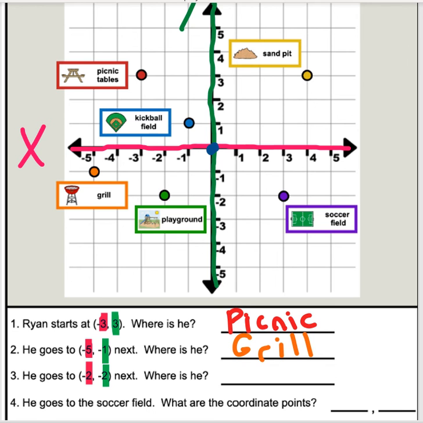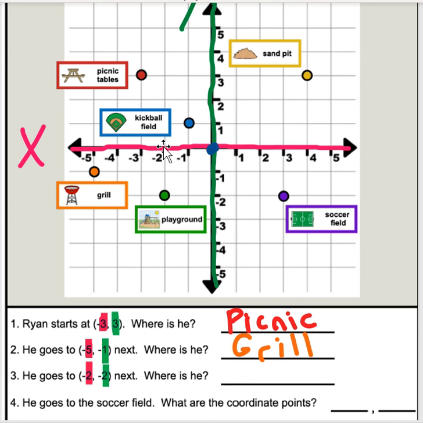Let's look at number 3. He goes to -2, -2 next. Where is he? So let's start in the middle at 0, 0, our blue point. It says -2 first on the x-axis, so that means we're going left. So let's count 2 to the left. 1, 2.